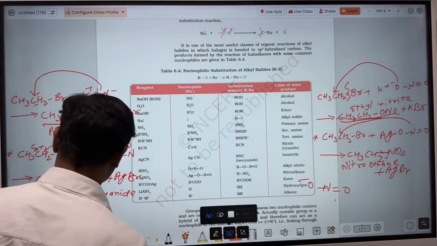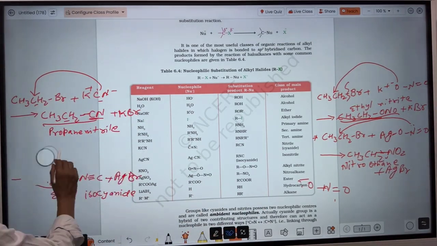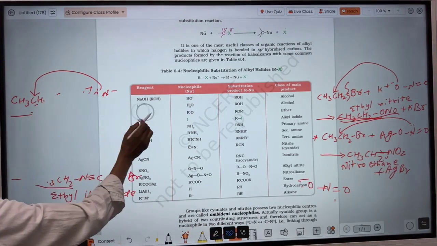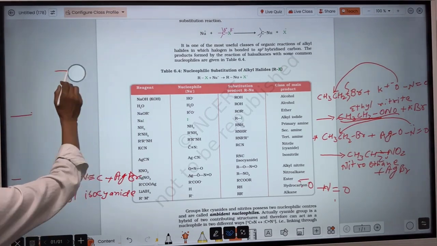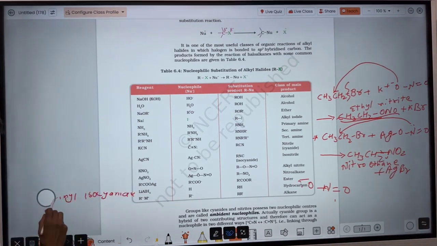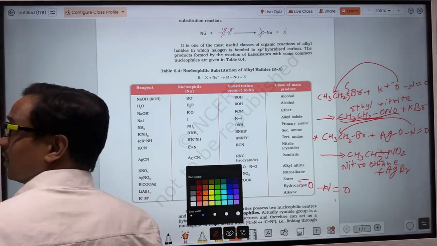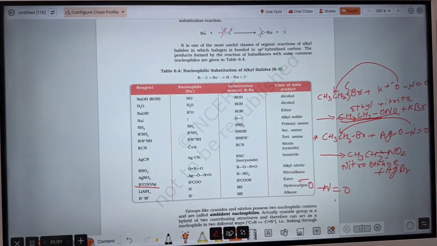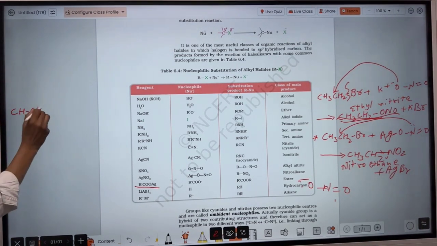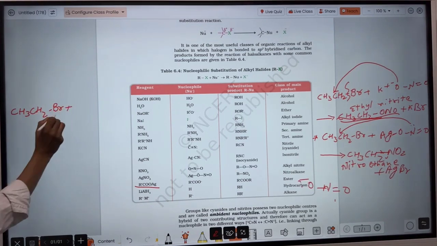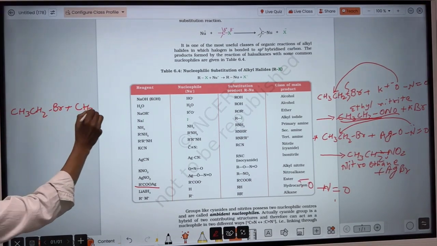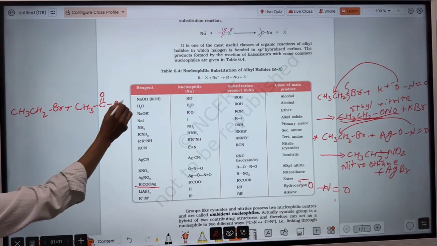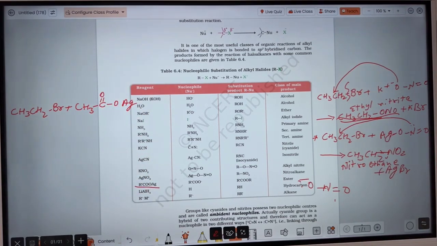Okay, two or three reactions more, so let's finish here. When we react with this silver, it is very simple here. Silver acetate here. Suppose this compound here.